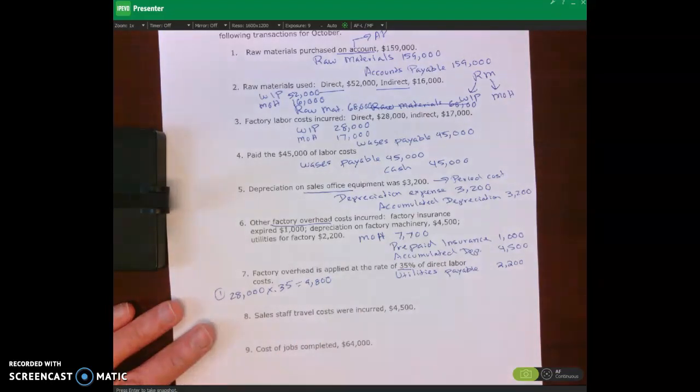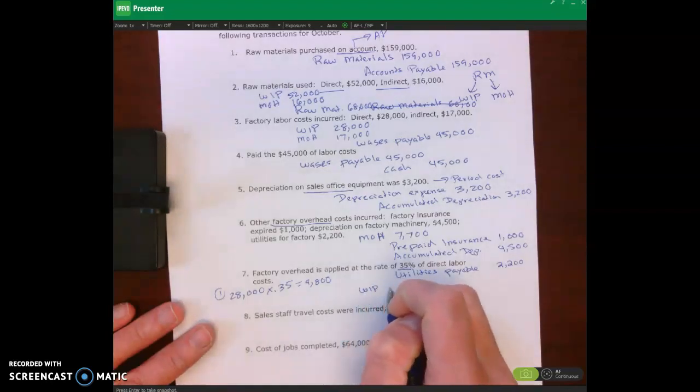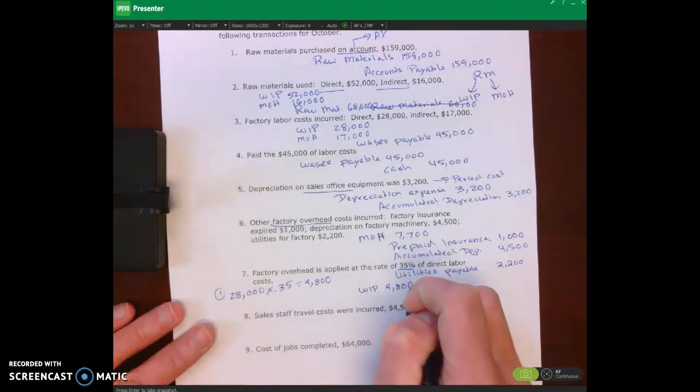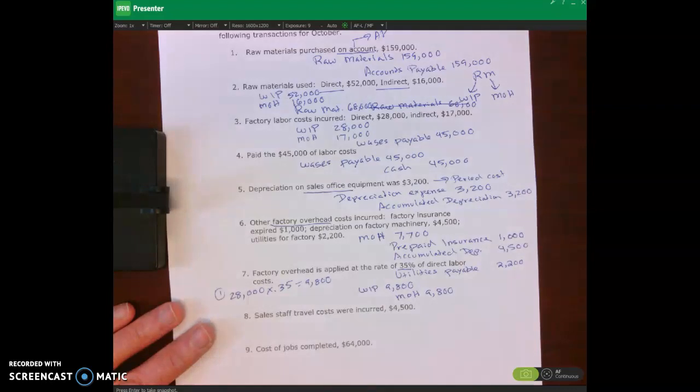Okay? The journal entry to apply overhead is debit work in process, credit manufacturing overhead. That is the journal entry to apply overhead.